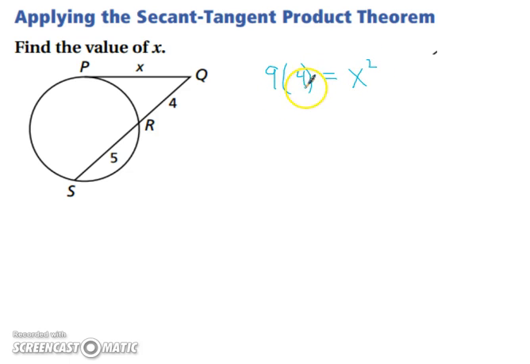And 9 times 4 is 36, which equals x squared, so x equals the square root of 36, which is 6. And that concludes our lesson on segment relationships in circles.